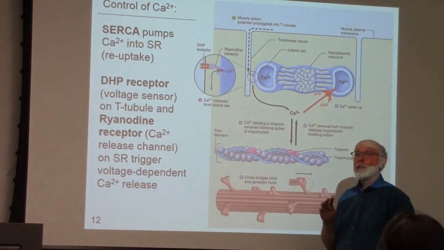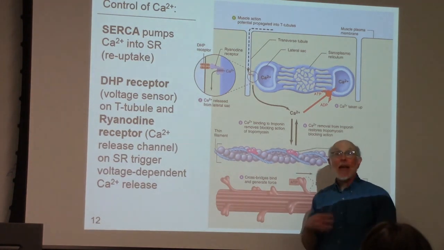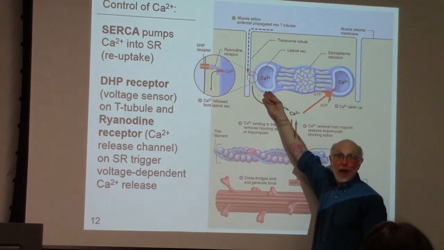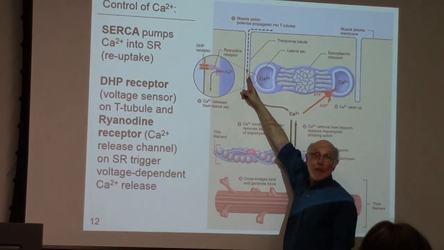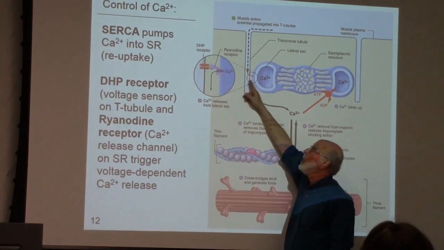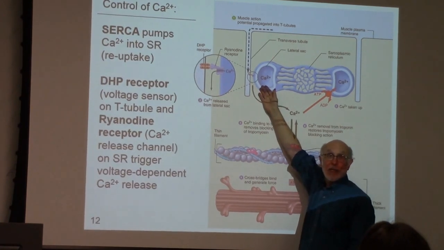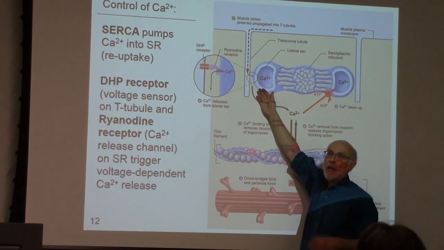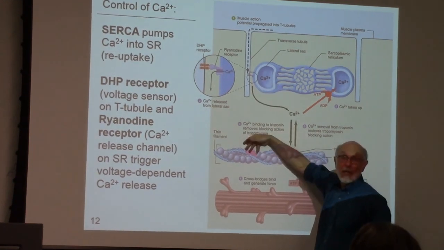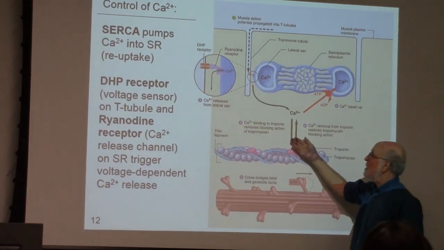Well, the ryanodine receptor is the calcium release channel from the SR. And it does connect the DHP receptor in the T-tubule with the SR membrane. When the ryanodine receptor calcium release channel opens, calcium is released from the SR, calcium binds to troponin.